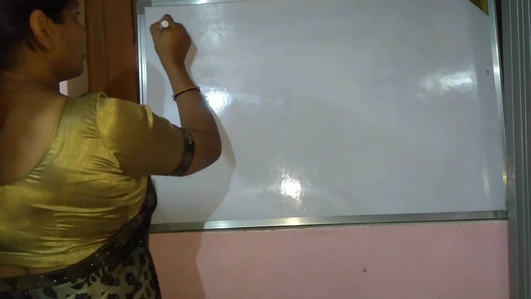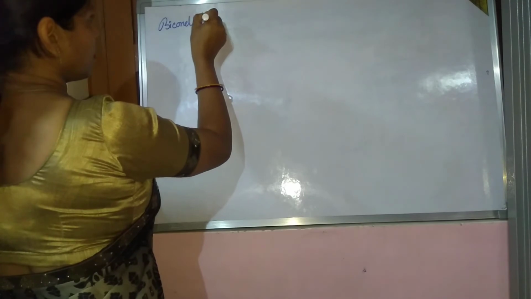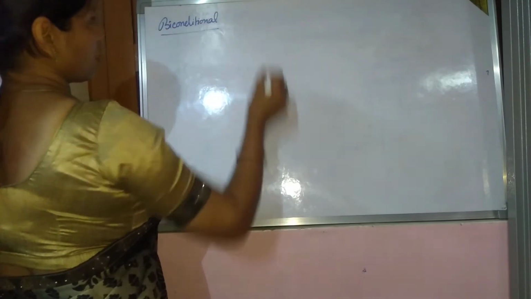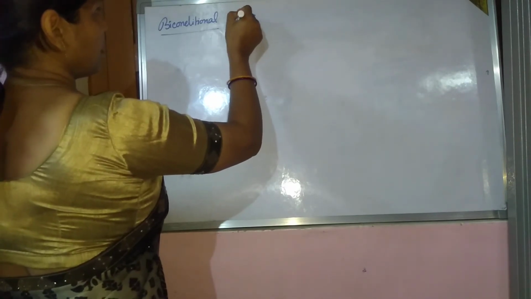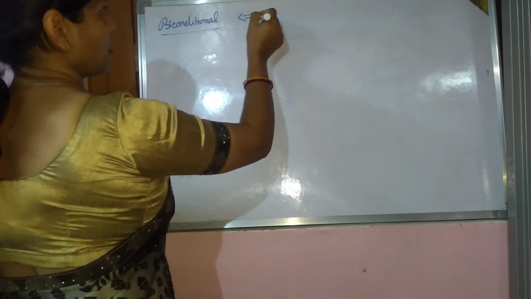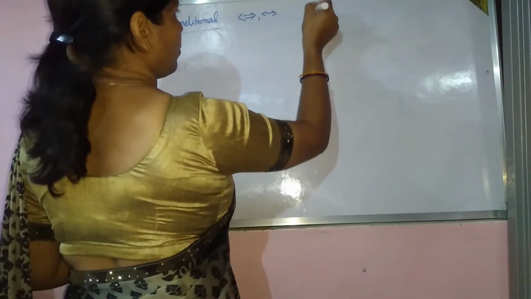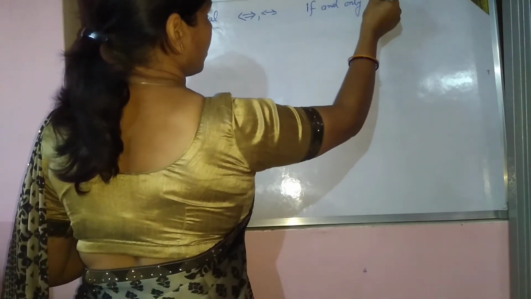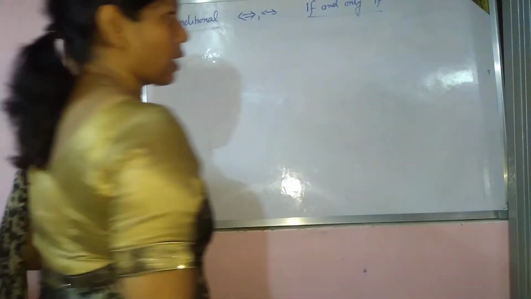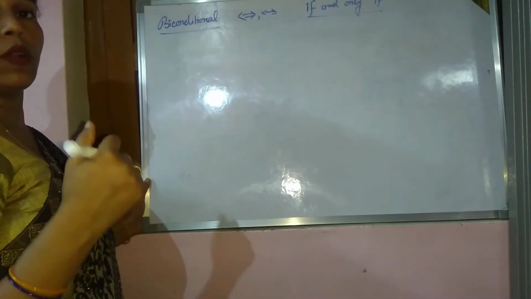Corresponding statements are the same. We denote biconditional by this sign or this sign. It uses if and only if. It is used to connect one proposition to another proposition with if and only if.